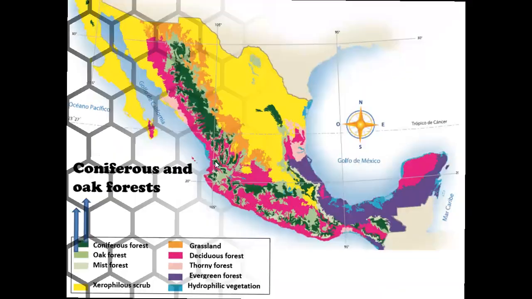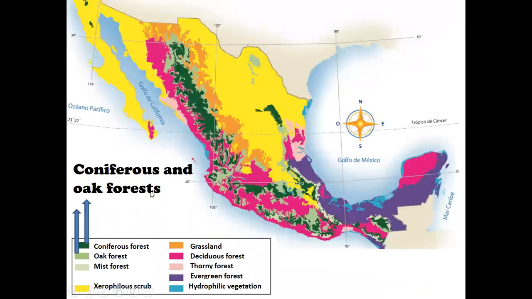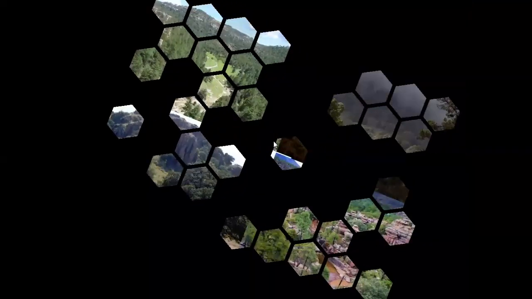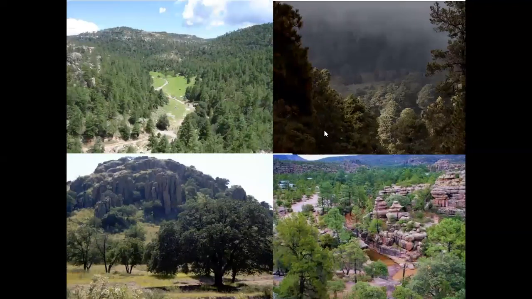To begin with, the coniferous forests are the greenish areas that are shown here on the map, which I'm pretty sure you are identifying here in our state, Chihuahua. Coniferous forests look like this.